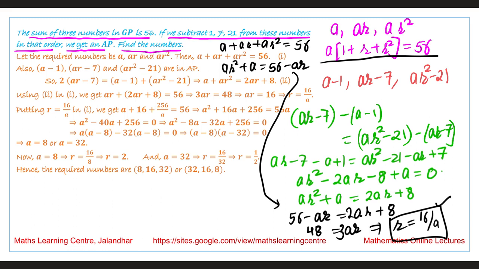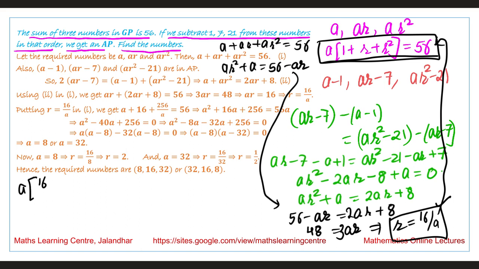Now if we substitute this value of R in this equation, we obtain A into 16 by A plus 16 by A square plus 1, that is equal to 56.